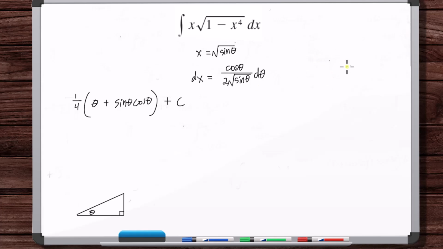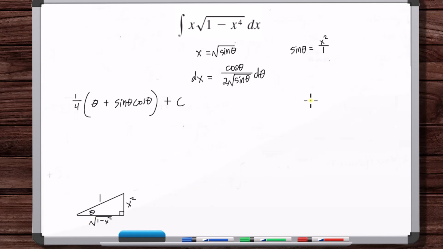All right, so sine theta is equal to x squared divided by 1. Sine theta is equal to opposite over hypotenuse. Okay, so if this is z, then z squared plus x squared is equal to 1 squared. So this is the square root of 1 minus x squared.